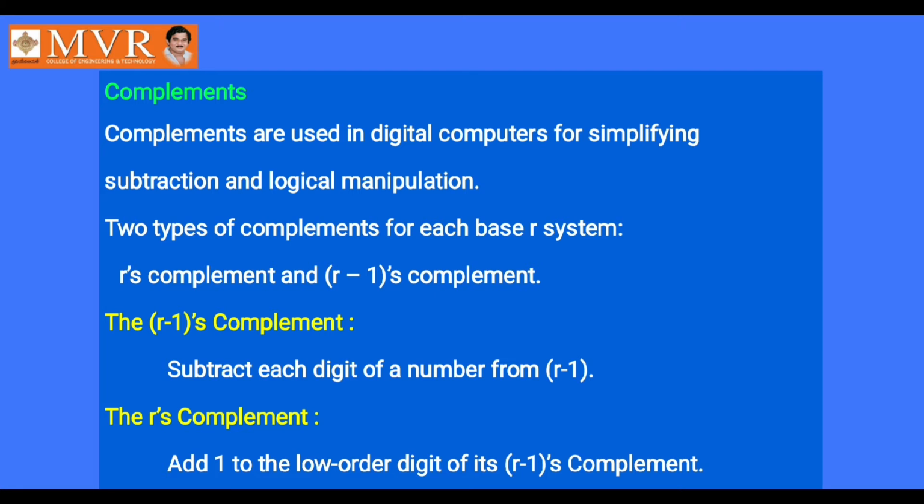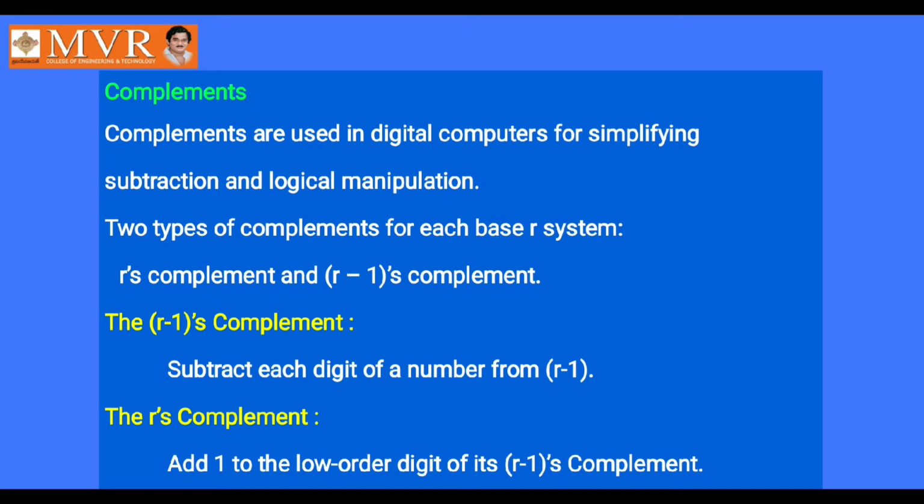But how do we get 9's and 10's complements for decimal, or 1's and 2's complements for binary? As you see in the slide, you get the R minus 1 complement by subtracting each digit of a number from R minus 1. What does it mean?